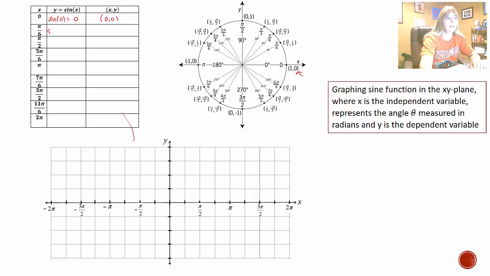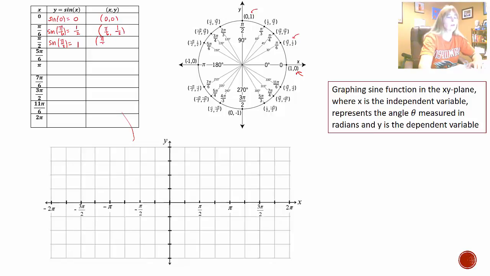Then I find the sine of pi over 6, which is my y value, so that would be 1/2. So I would have a point at pi over 6, 1/2. Next, sine of pi over 2 would be 1.